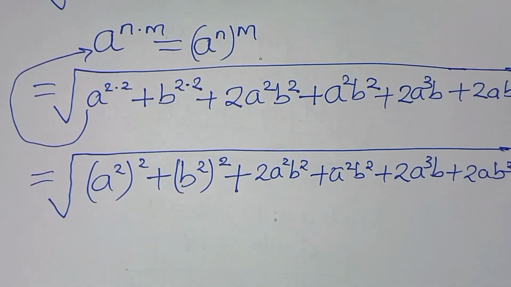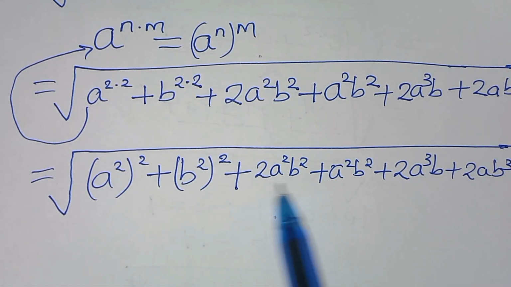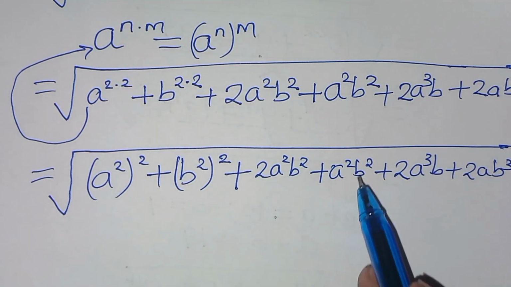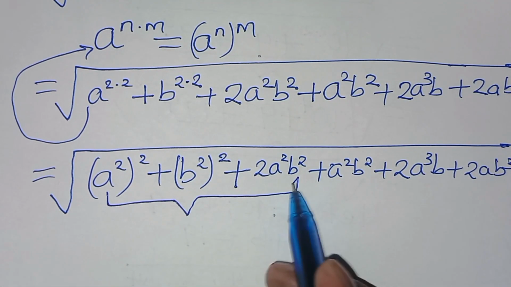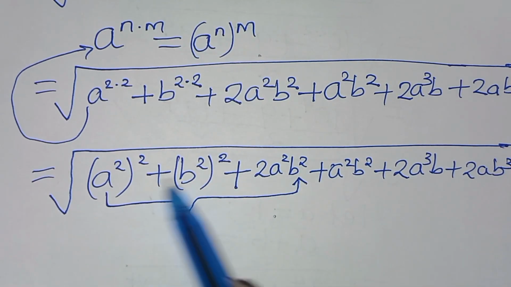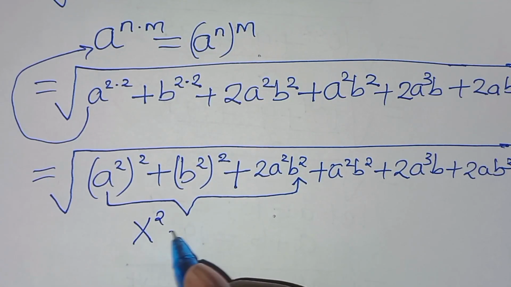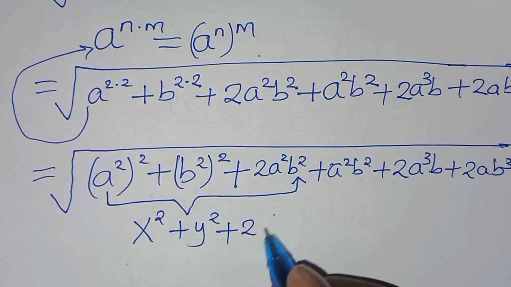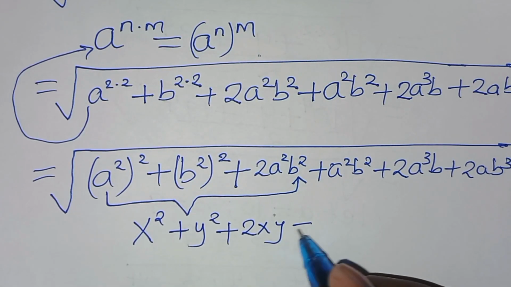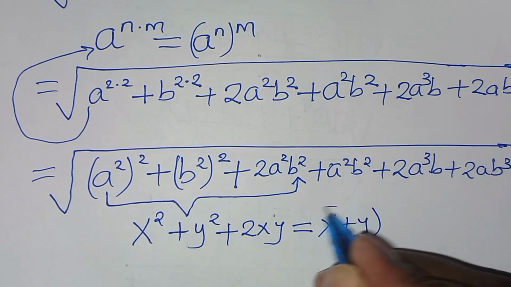So as you can see here, this particular part is actually in the form of x squared plus y squared plus 2xy, which we can express basically as x plus y all squared.